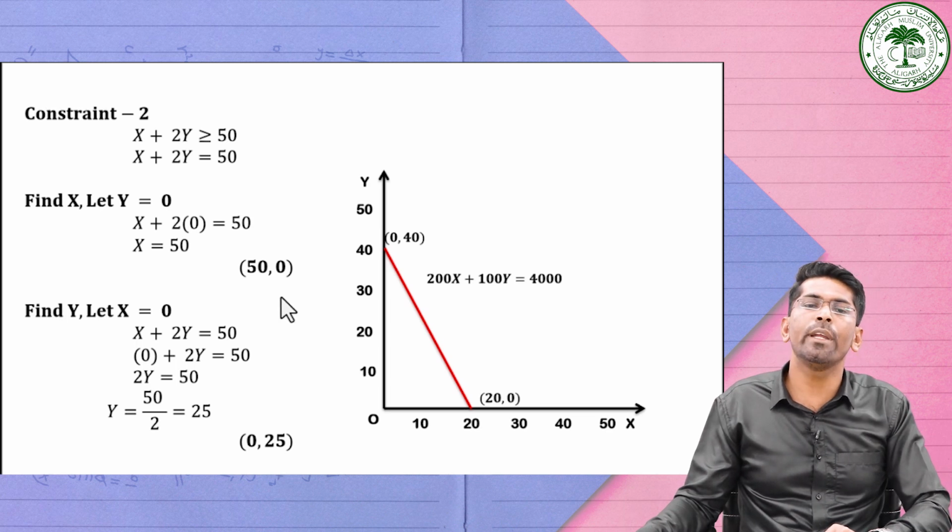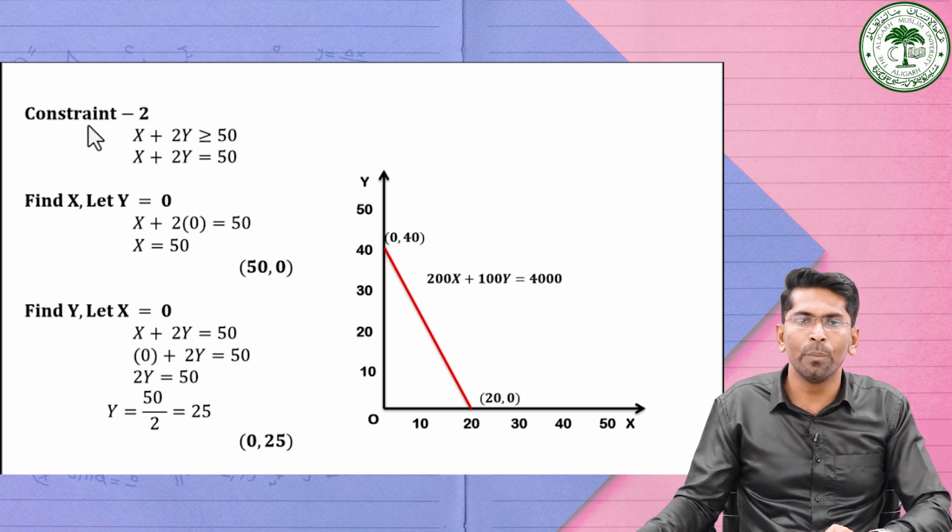So we have two coordinate points for constraint number 2, and we are going to plot them on the graph: when x is equal to 0, y is equal to 25, and when y is equal to 0, x is equal to 50.